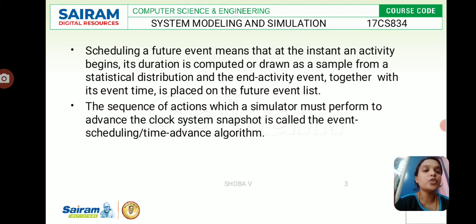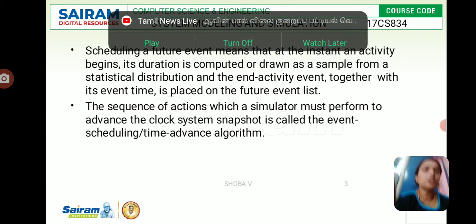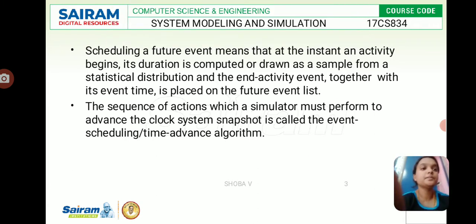So there is a clubbing together between the time and its distribution. Based on the durations, we can see the event notices, and these should be placed on the future event list.